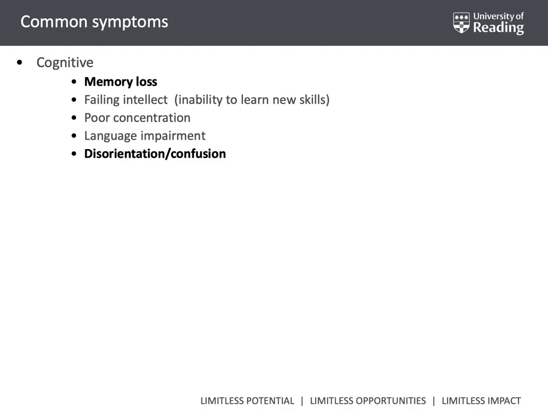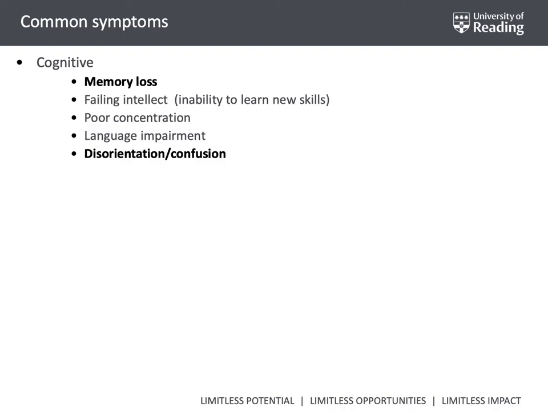But there are also poor communication, language impairment, disorientation and confusion. You can see how challenging these people are to deal with as a healthcare professional. But imagine you're a loved one caring for these people. There's an added burden as you see these people change in front of you.